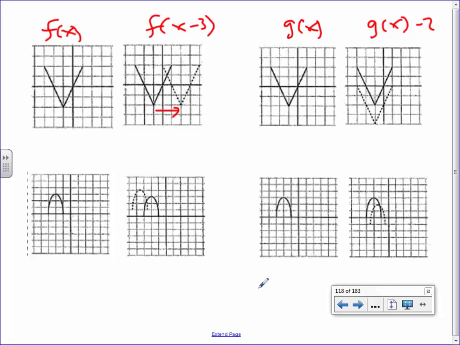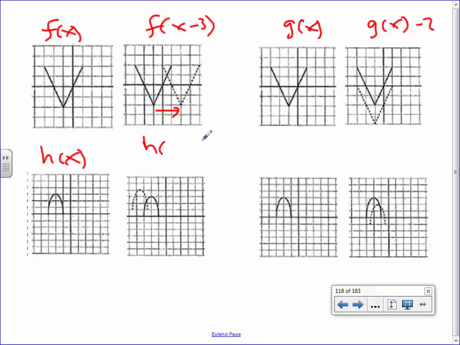Okay, can we do one of each? Sure, why not? Let's call this one h of x. What's happening here? It looks like it's going up 1 and over 1.5 maybe? So, how do I get it to go up 1?